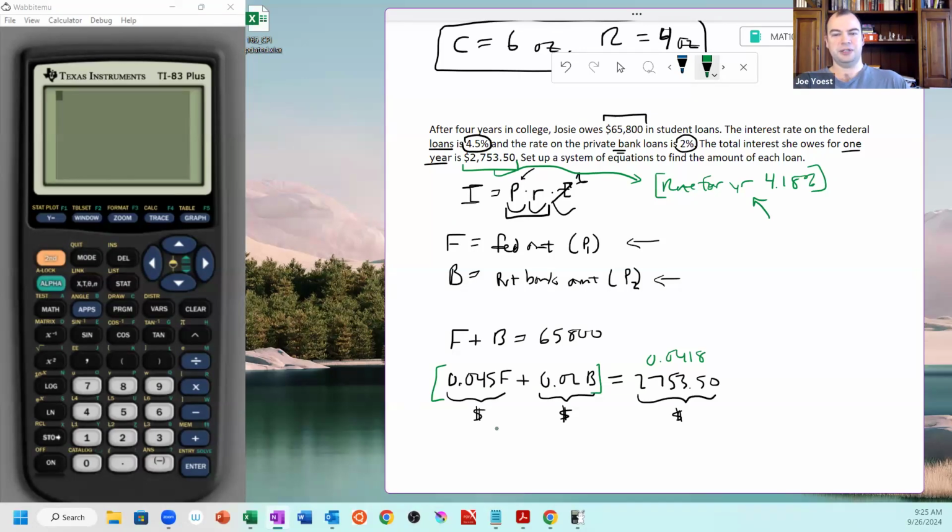If I tracked my units, I would realize in the green problem that I had unitless on the right, just the number 0.0418, but I had dollars on the left. Well, I need to take 0.0418 of my total principal, 65,800. So tracking our units, when we have units to track that are sensible, is definitely a good idea.